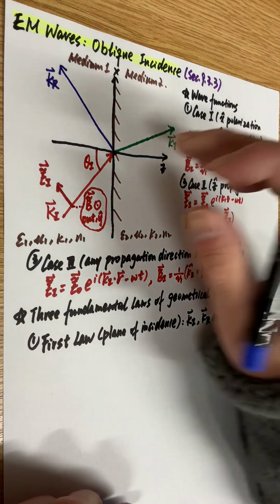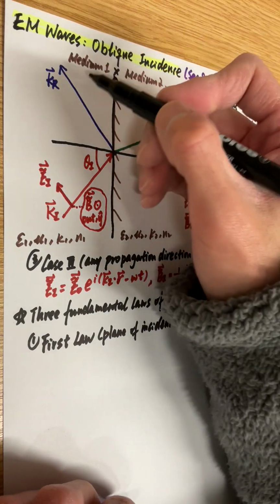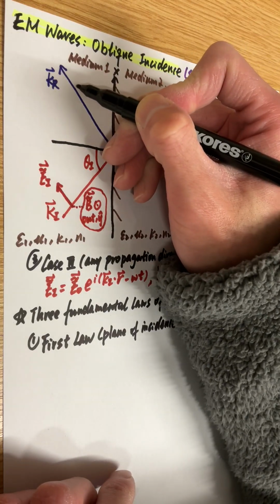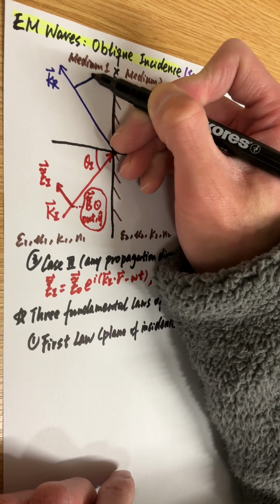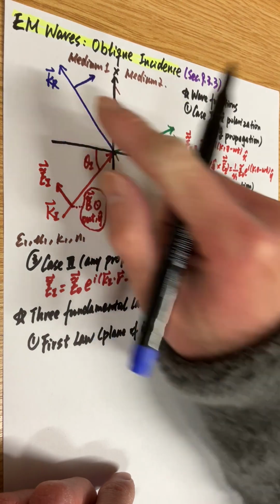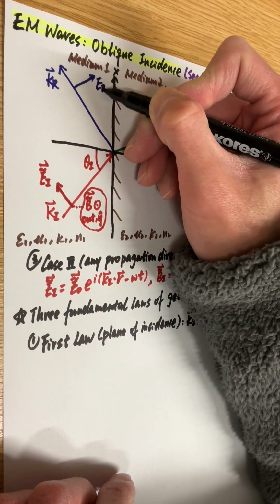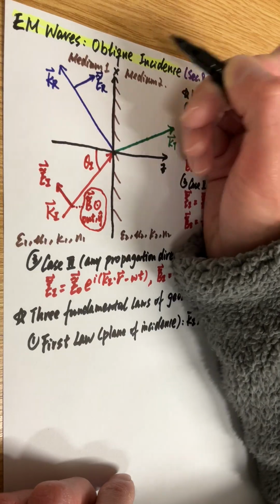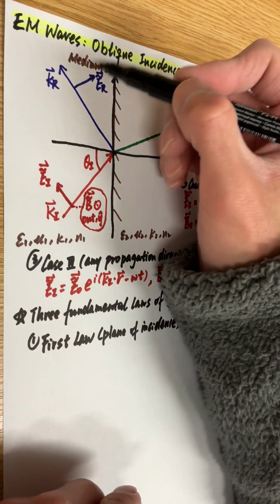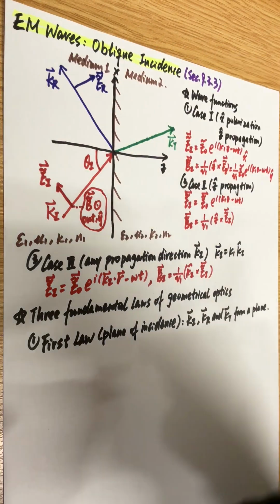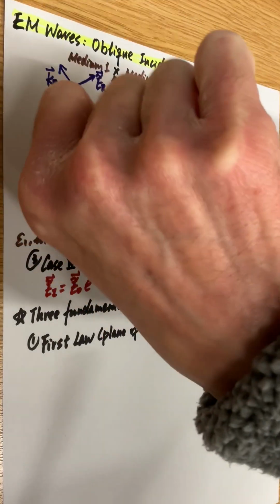And then for the reflection, we have the electric field perpendicular to the propagation direction. So here we have ER. And then for the magnetic field, by the right-hand rule, we have the propagation direction and then the electric field.